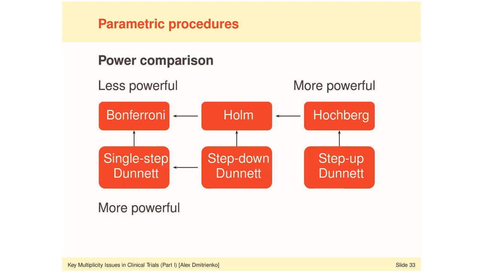Since we're ready for a summary, I will use this diagram to present visually the key properties of the parametric procedures we've introduced in this module and compare them to the key properties of the non-parametric and semi-parametric procedures from Module C. In fact, the three procedures represented by the three orange boxes shown in the top row of this diagram are the Bonferroni-Holm-Hochberg procedures that are examples of non-parametric and semi-parametric procedures.